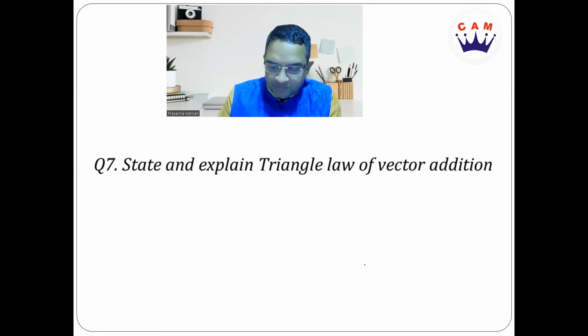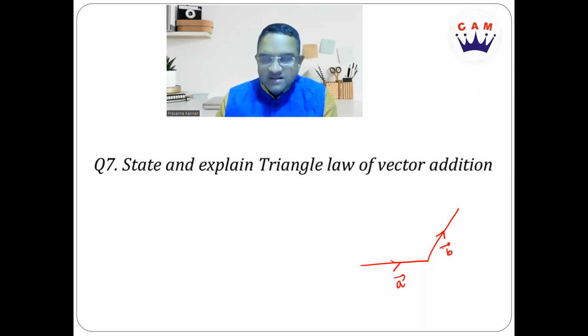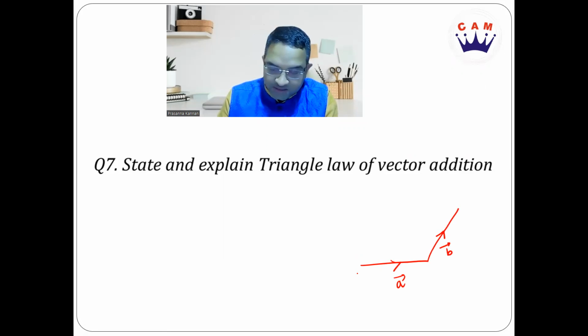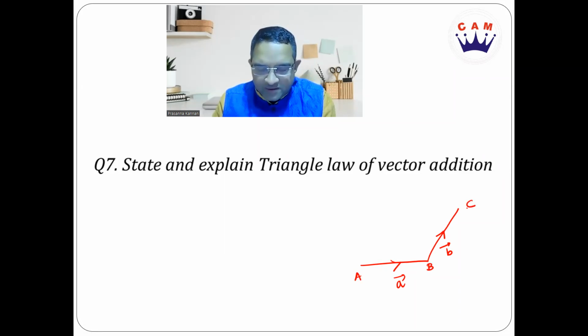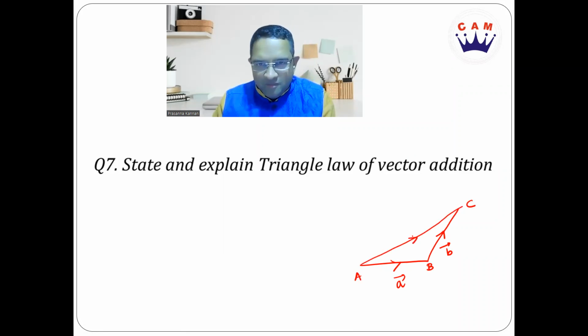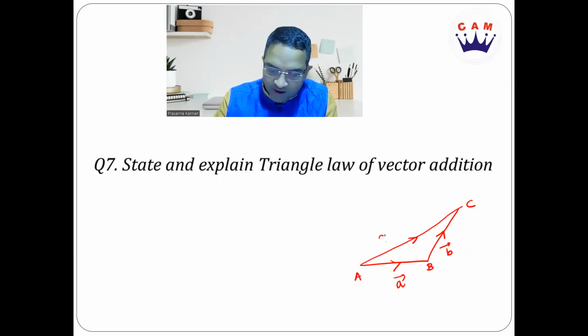So if I have two vectors, let's say this is vector A and this is vector B, these are taken as adjacent sides of a triangle taken in order. Let's say this is A, this is B, this is C. And the resultant of the two vectors is given by the third side taken in the opposite order. So resultant vector R will be equal to vector A plus vector B.